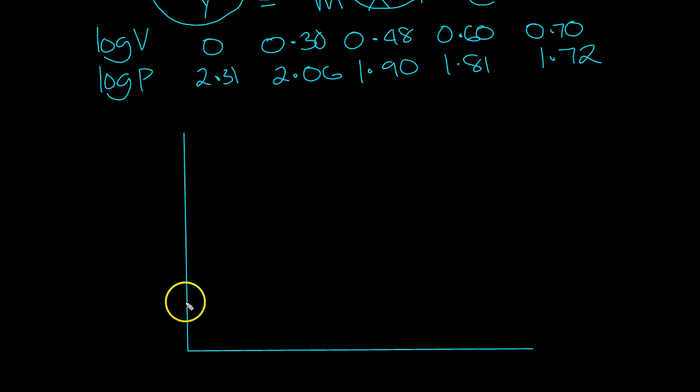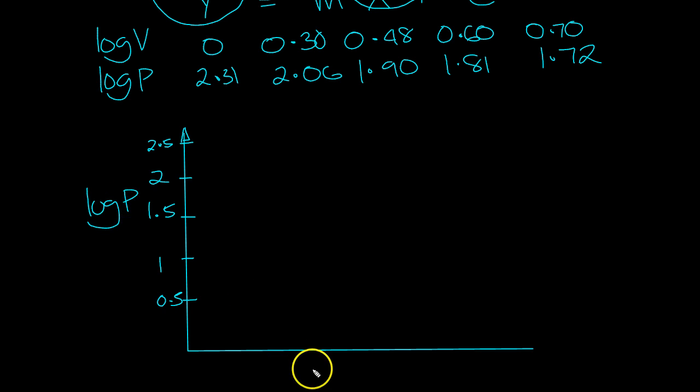So we do 0.5, 1, 1.5, 2, and this is the axis for log P, so that would be 2.5 up there. And then if we do log V and it goes along to 0.7, so 1, 2, 3, 4, 5, 6, and this would be on our graph paper, of course.